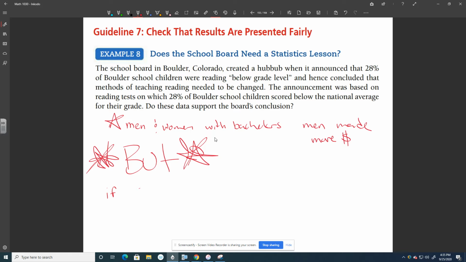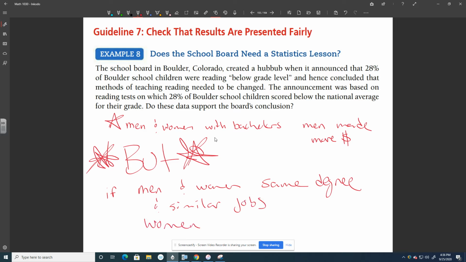It's not like everyone with a bachelor's goes out and makes the same amount of money. One job pays more than another. And so what they did in this study itself, it said when they compared men and women with the same degree, not just a bachelor's, but the same bachelor's degree and similar jobs, the women actually made more money.